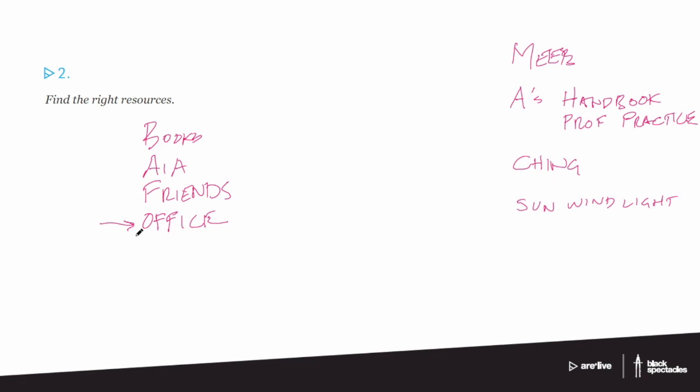If you can band together and go to your main boss and say, hey, look, we really want to do this, we need some more resources, could you get us an office resource of Black Spectacles? Or can you buy the series of books from this or that? It's not just you alone. Find those people around you.